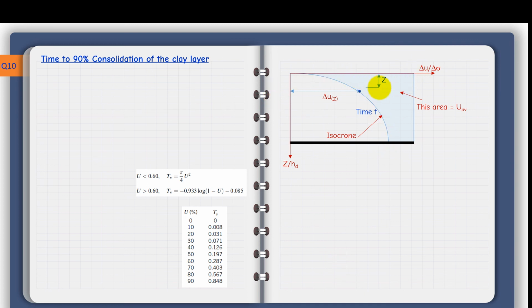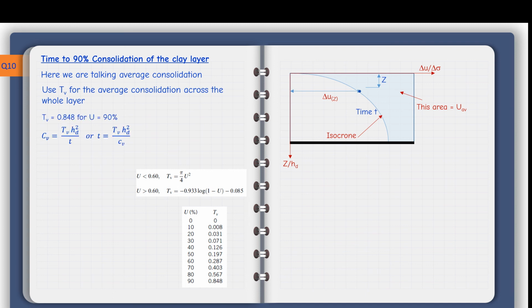So this shaded area, like I said before, gives you the average degree of consolidation. So I can basically just apply the general equation that we are familiar with, and we can now use these equations and this table. I have 90% degree of consolidation. You look up this table or you apply this equation.